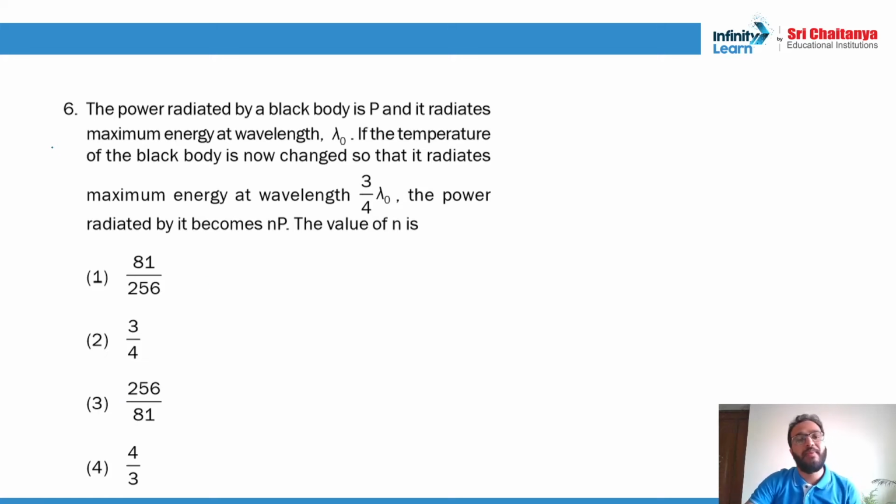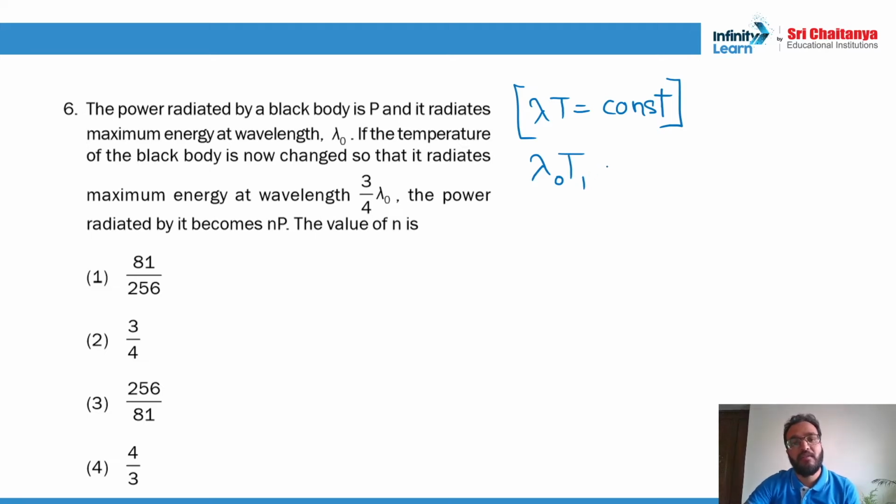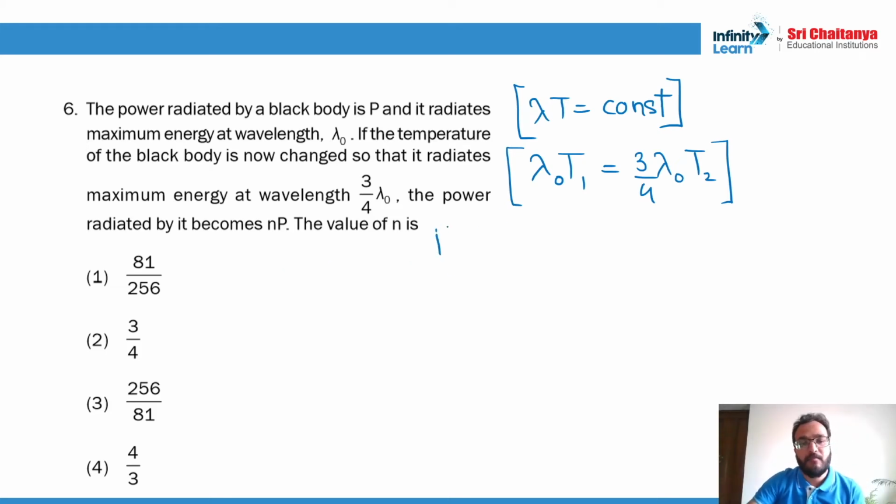Now this is a question based on the equation lambda T is equal to constant. This is known as Wien's displacement law, right? So the initial wavelength is lambda naught at temperature T1, and when the wavelength becomes 3/4 lambda naught, let's say temperature becomes T2, at which maximum intensity is obtained, or maximum power is radiated. Now we know that P is directly proportional to T to the power 4.